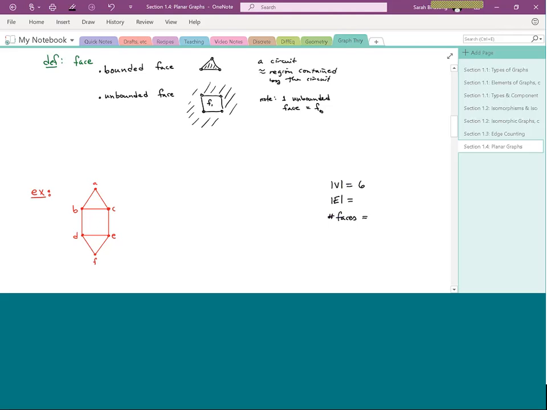I'm counting 8. All right, you guys are too. Awesome. Now, anybody spot how many faces there are? Almost. So there are face 1, face 2, and face 3. So we have 3 bounded faces. Add 1 for the unbounded face, which is out here, and you have a grand total of 4 faces.